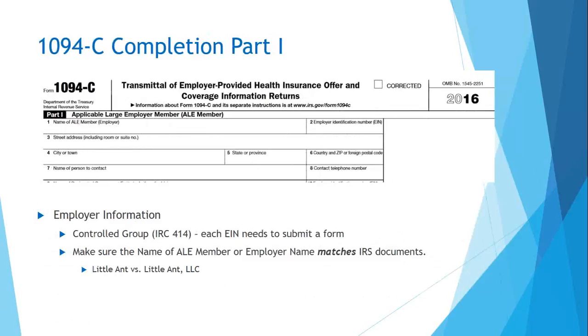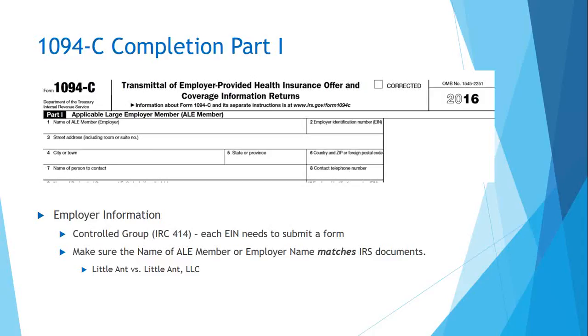So the first part of the 1094C Part 1 is the employer information. So if you are part of a controlled group or are under common ownership with any other entity, each of your EINs needs to complete a form. So each entity needs to complete a form.